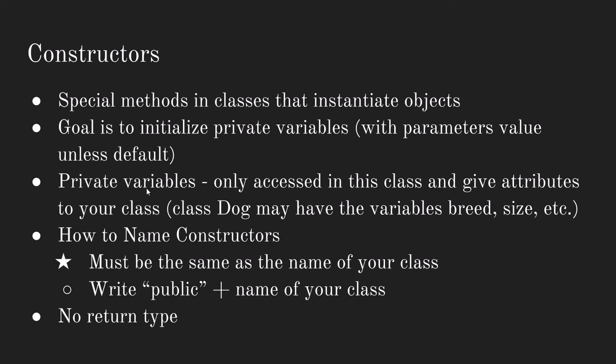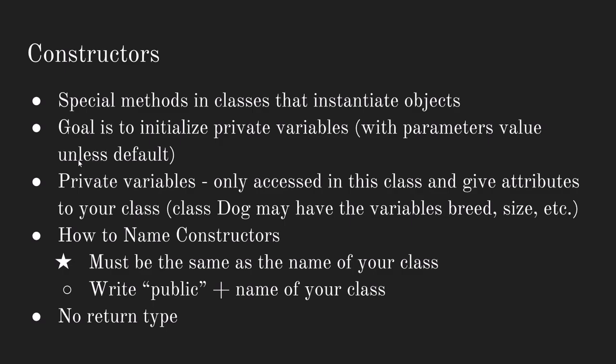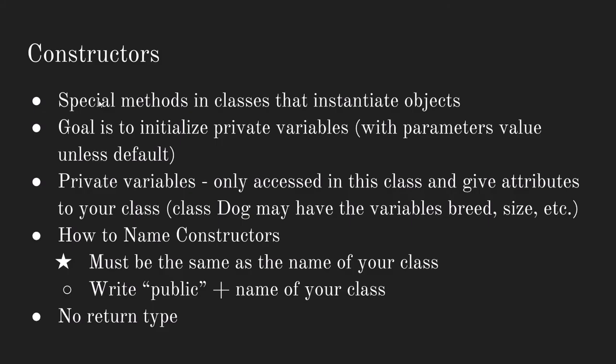And note that the private instance variables can only be accessed within the dog class. So no other class, such as maybe a cat, can access these specific private instance variables. So the class dog, as we see here, has these private instance variables, and these give attributes to your class.